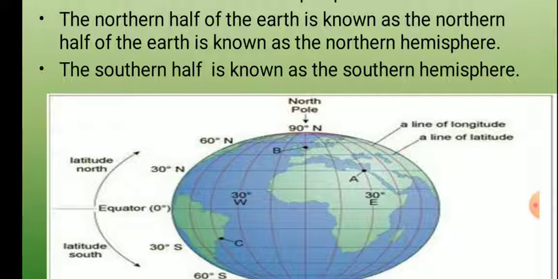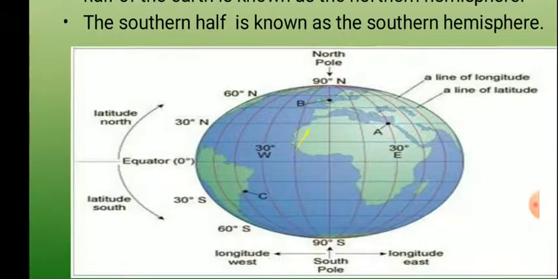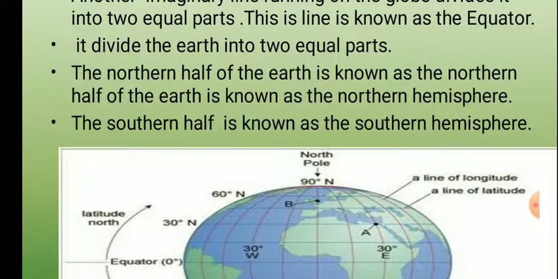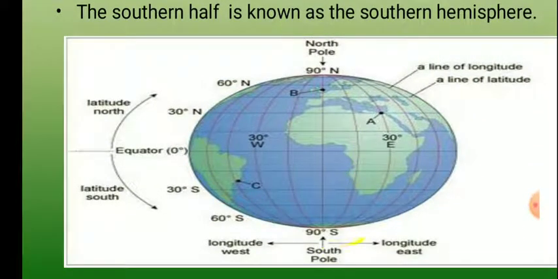There is an imaginary line running on the globe, and that divides the globe into two equal parts.